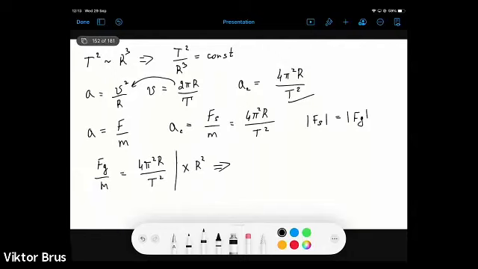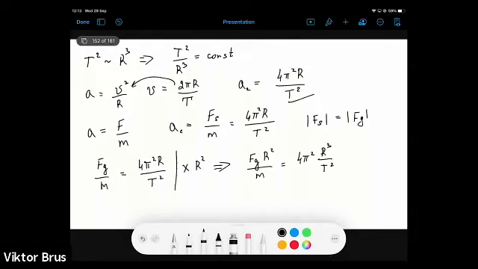So we will get the following: F gravitational force times r squared divided by m will be 4 pi squared times r cubed divided by t squared.